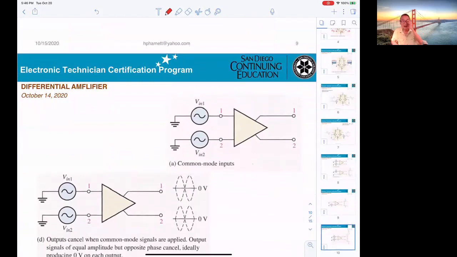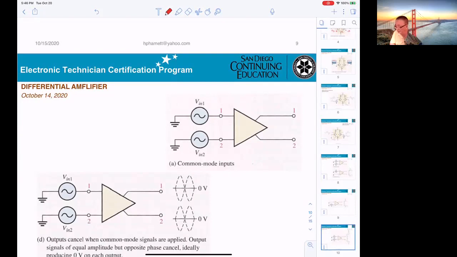Now they're talking about common mode. You get the input V in 1 and V in 2 the same thing. That means the same amplitude and the same phase.